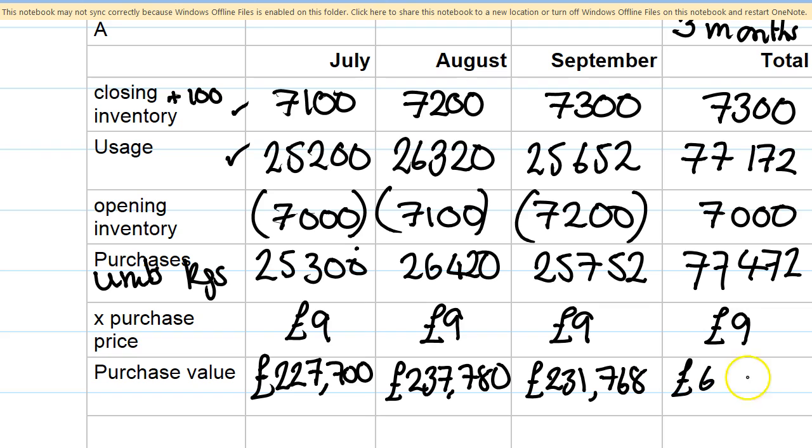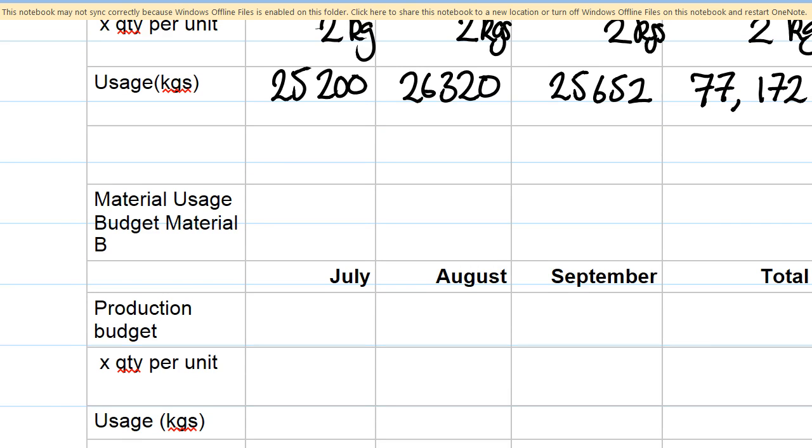So in total, that's going to be 697,248 pounds. So that's material A dealt with.